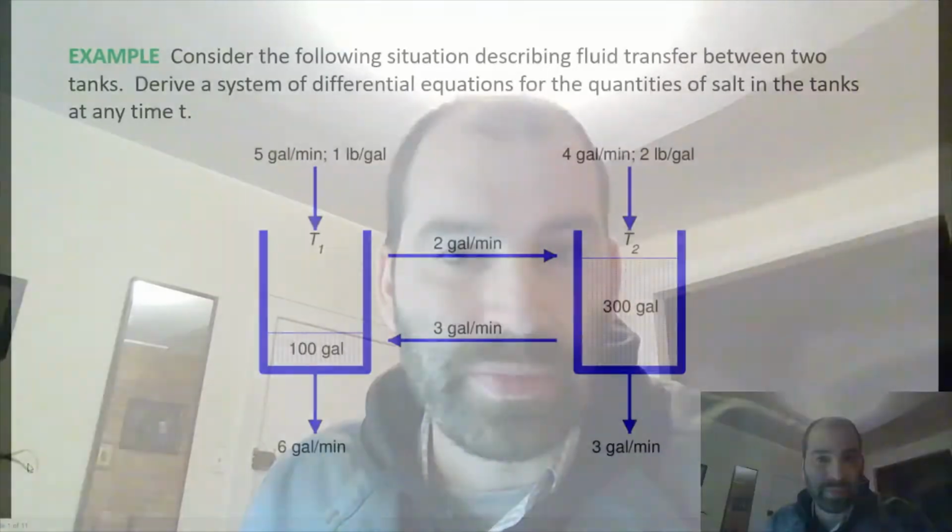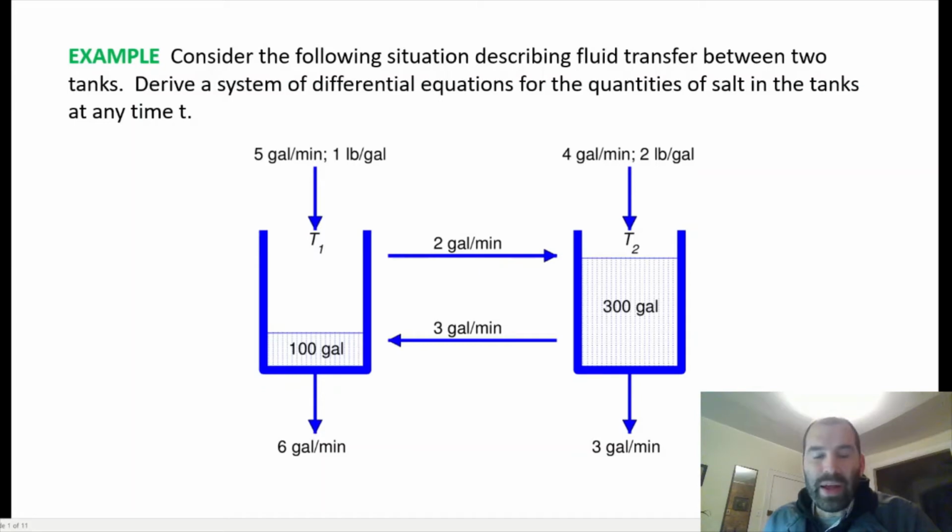Okay, so we're going to start with an example of systems of differential equations. So let's go ahead and take a look. The example I have here asks us to consider a situation where fluid is transferring between two tanks. And we want to derive a system of differential equations for the quantities of salt in the tanks at any time t.